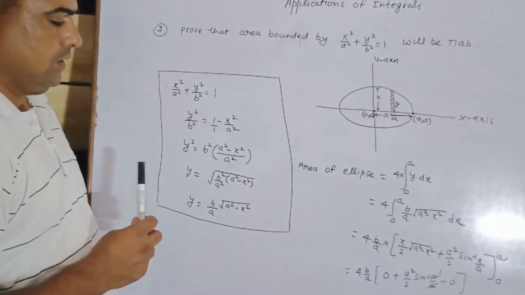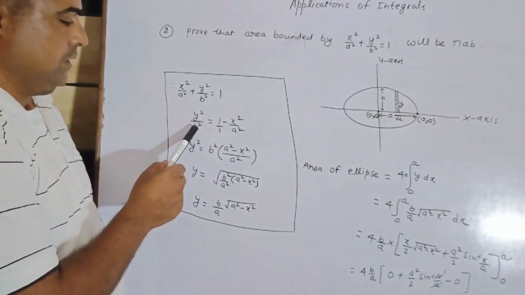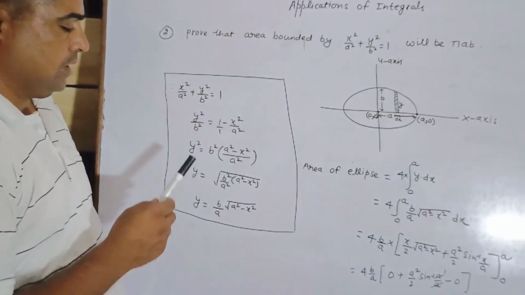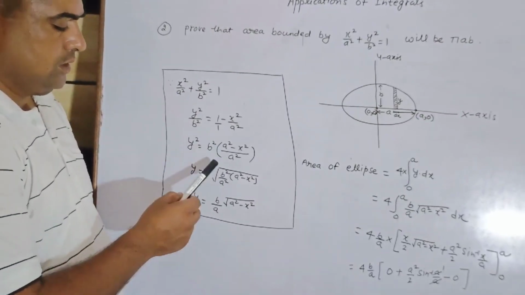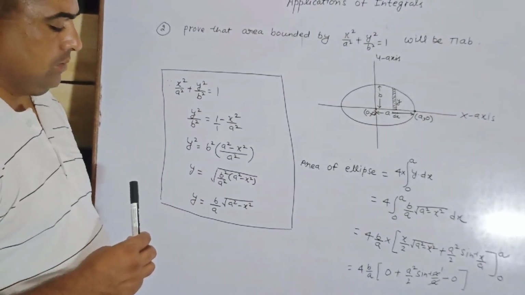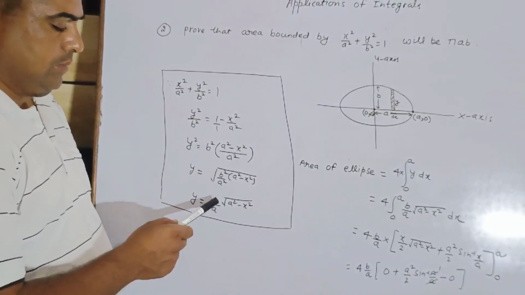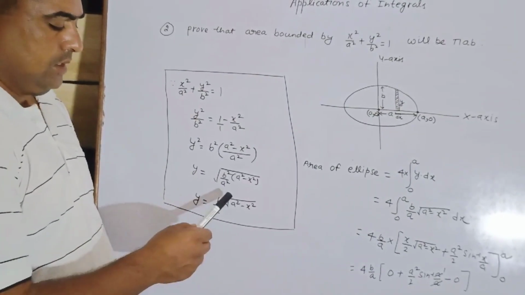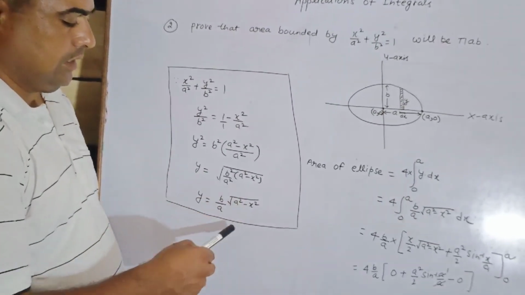LCM of a square and 1 is a square, so this will be a square minus x square over a square. b square we will multiply here. We will remove the square from here. So we will get square root of b square upon a square in bracket a square minus x square. Square root of b square will be b and this will be a, square root of a square minus x square. This is the value of y.